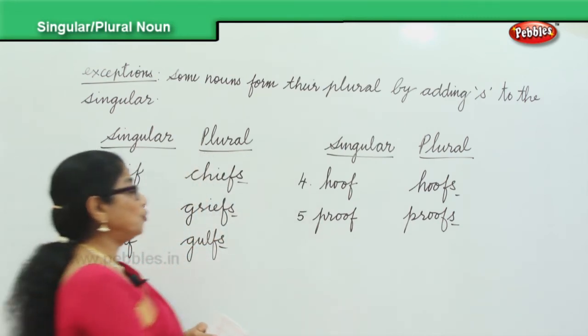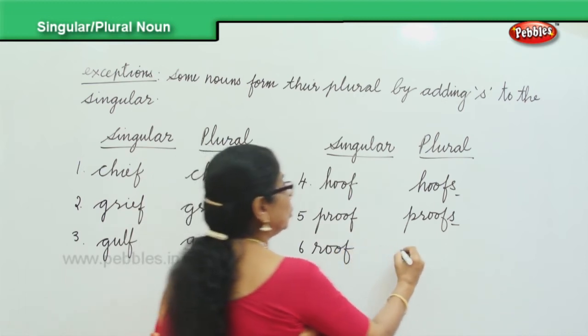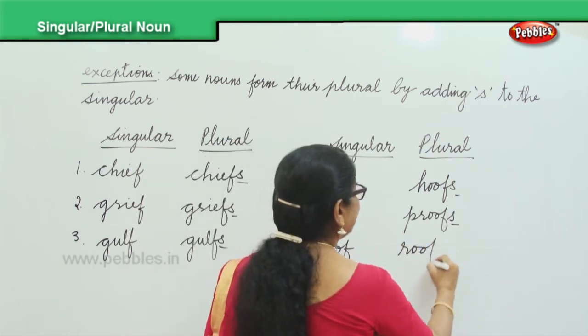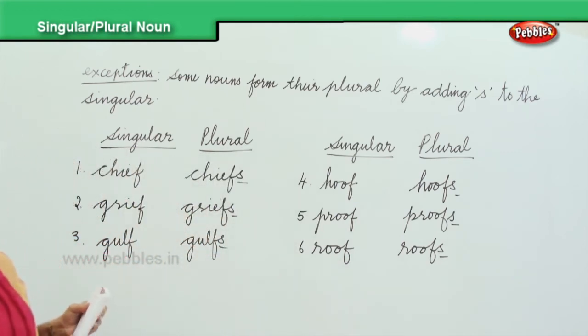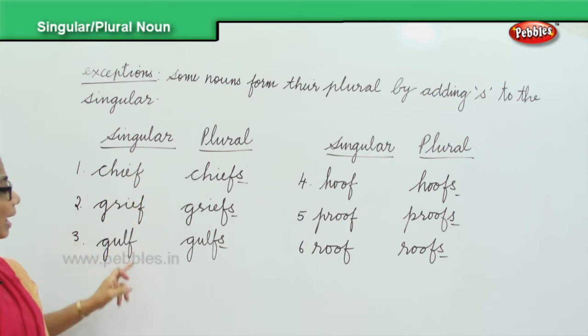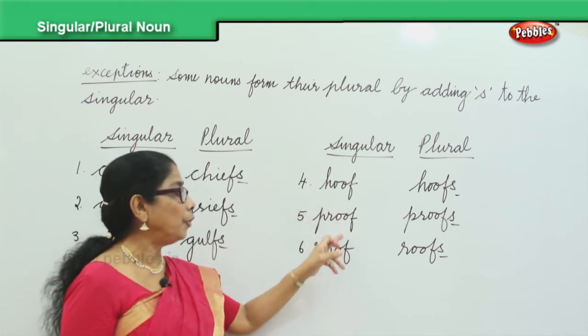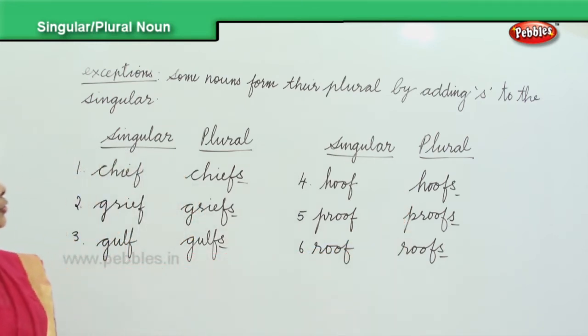Finally, you have roof. House roof. Roof, roofs. These are some exceptions to the rule because the singular noun ends in F, but we are forming the plural by adding S.